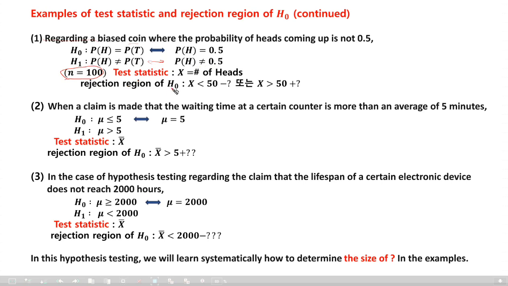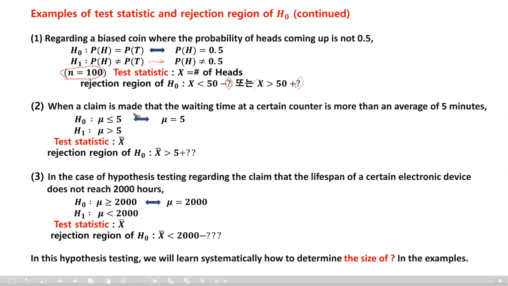The test statistic is the number of heads, X. The rejection region of H0 is X less than 50 minus some value. We have to decide this value. And symmetrically, X greater than 50 plus that same value.